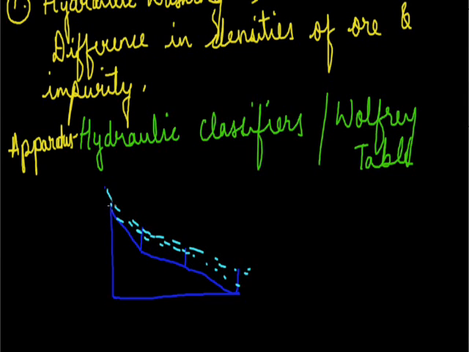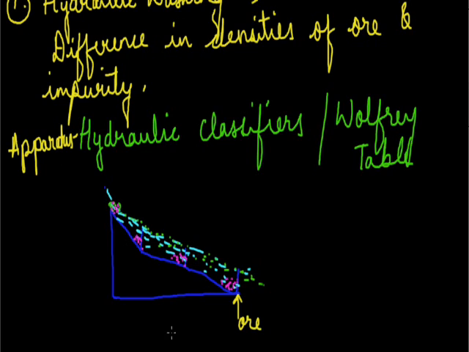Ore is kept over here. Ore is added from this side. Now suppose I am drawing the settled ore, that is having higher density. This is the ore which has settled down in this part. And the impurities go away with water because they are light. Here I am having both the impurity and the ore. So in this way we can separate the ore.